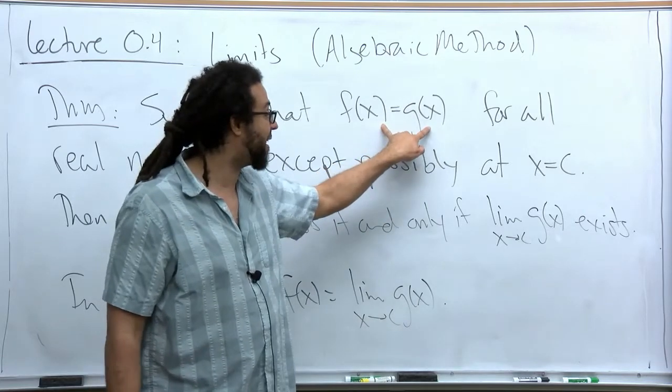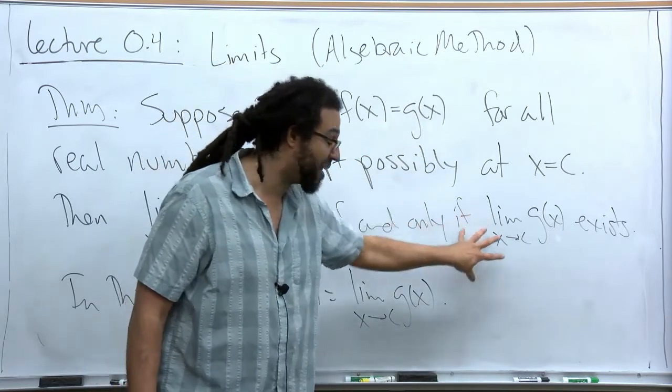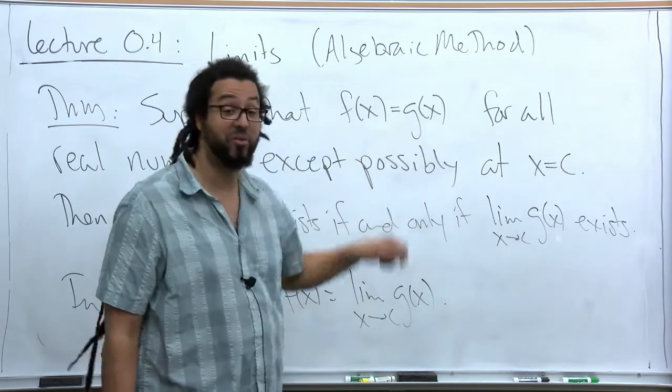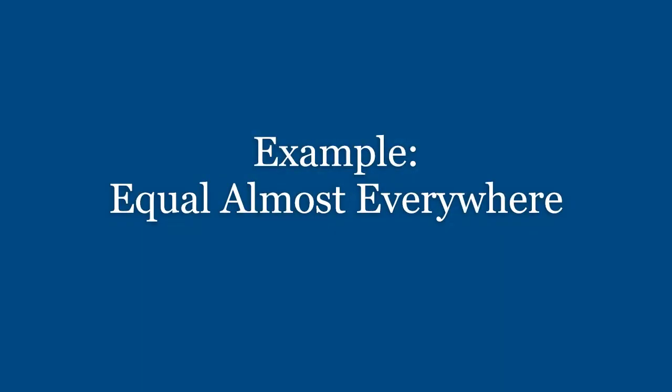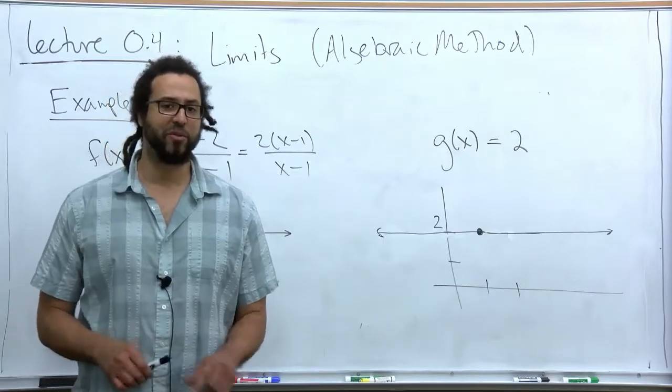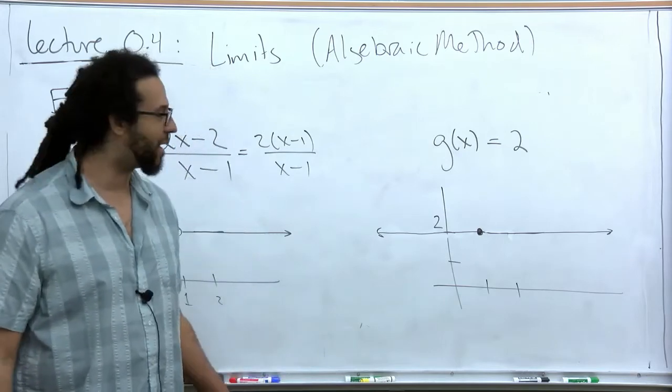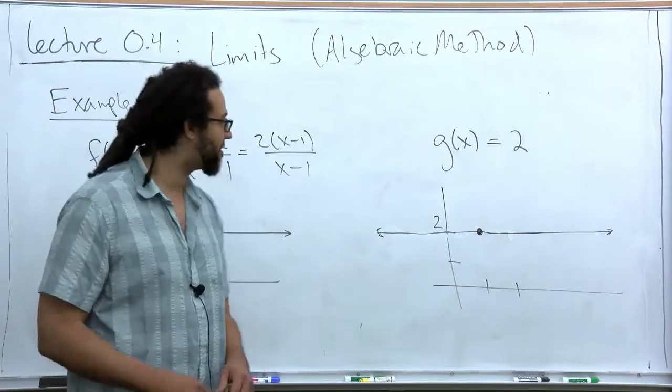Before we look at examples of limits, let's look at what it means for two functions to be equal everywhere except at a single point. Here's an example of two functions that are equal everywhere except at a single point.